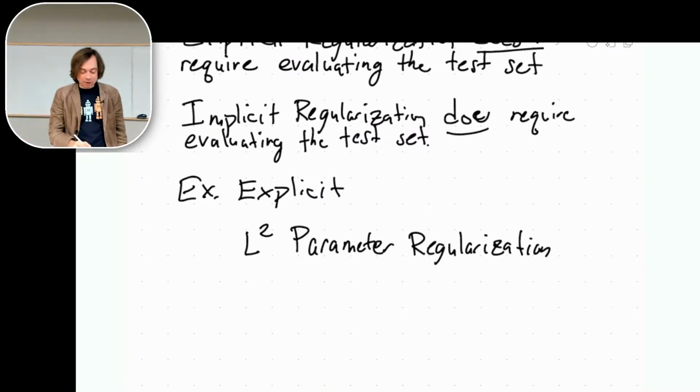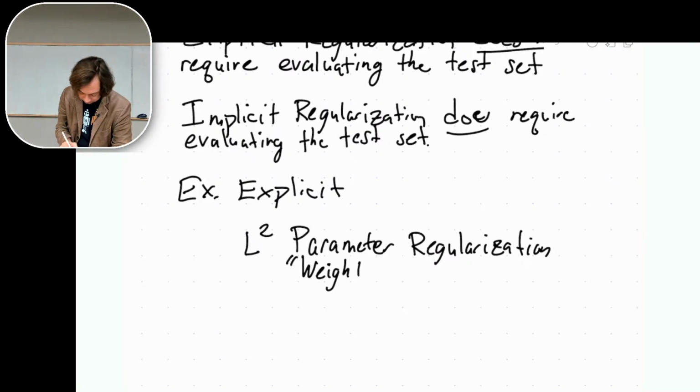Okay? So the idea is that you add to the cost. Right now we have a loss function or a cost function. Could be something like a mean squared error or a categorization error or something. Sometimes we'll call this weight decay.